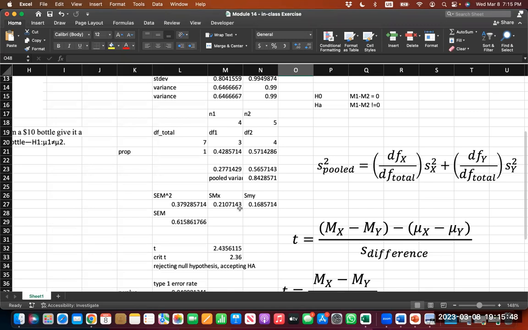By doing that, you get a pooled variance incorporating these weights and the variance of each respective sample. You get down to an actual standard error of the mean, which comprises information of both samples, and that allows you to do hypothesis testing.